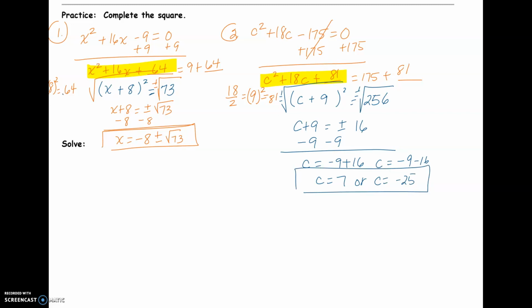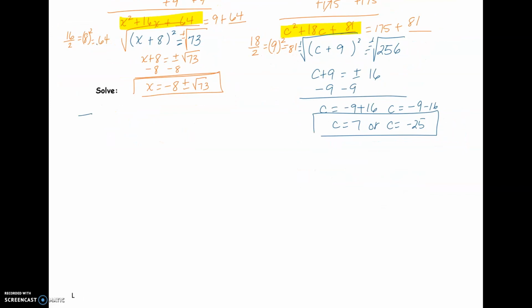Okay, I want you to try a couple on your own before we go to the next part. And we're going to get x squared plus 8x minus 33 equals 0. This is number 3.